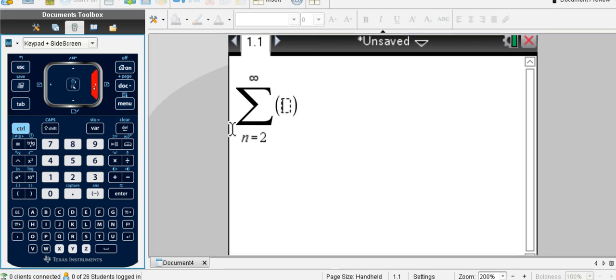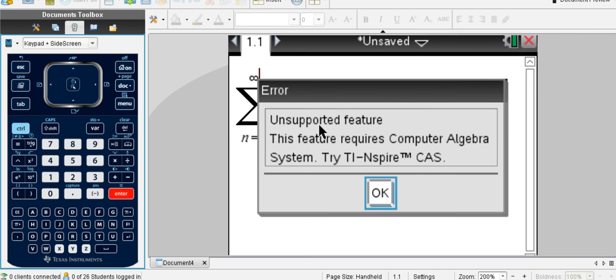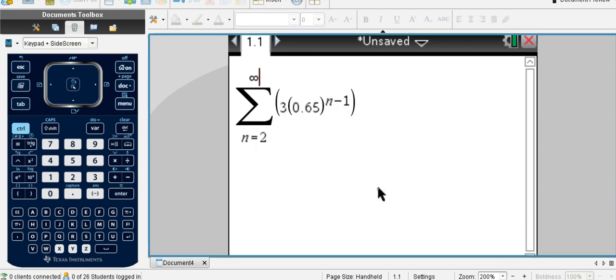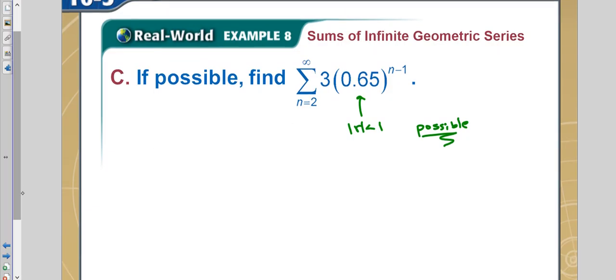We could put that there, but you'll see that this won't actually work out. Was it 0.65 to the power of n minus 1? We press enter, it'll say unsupported feature. It doesn't go like that. So one thing you can try, if that doesn't work, is you can pick a big number, like say 1,000, and try that. But what we'll do is just use that formula.